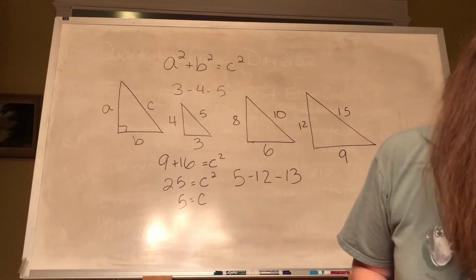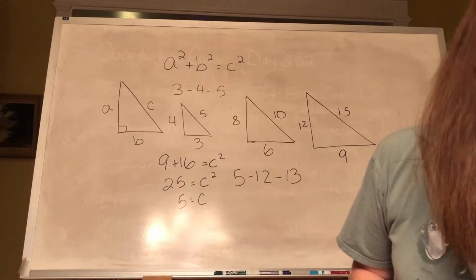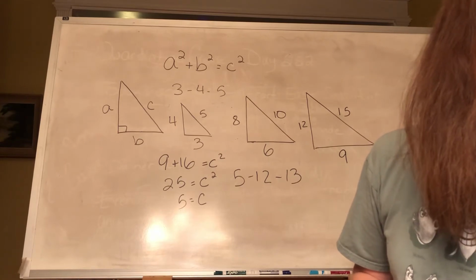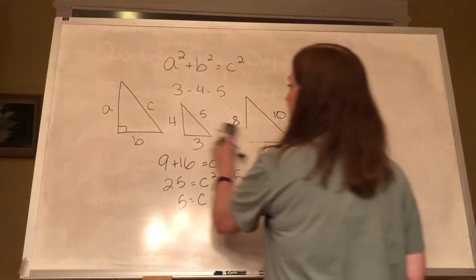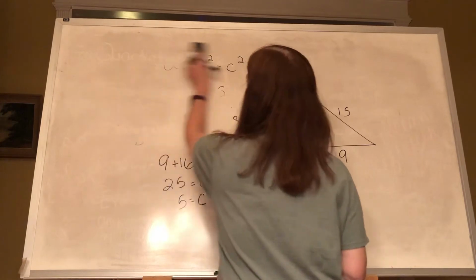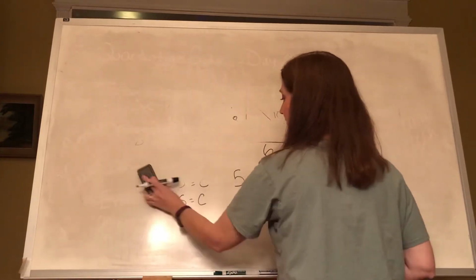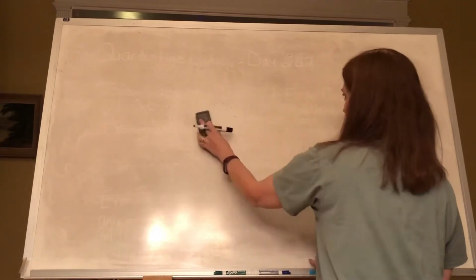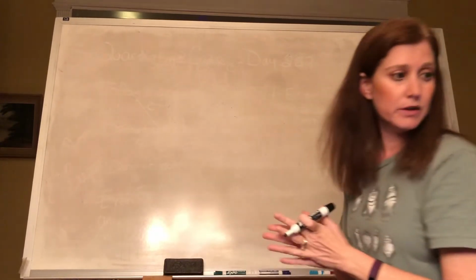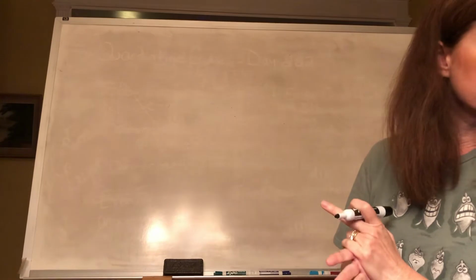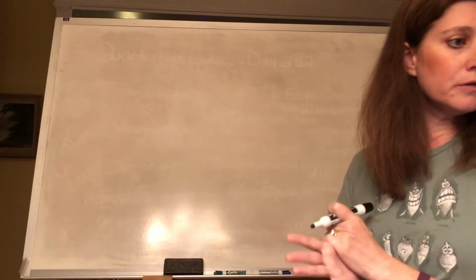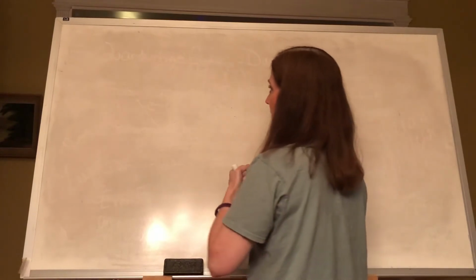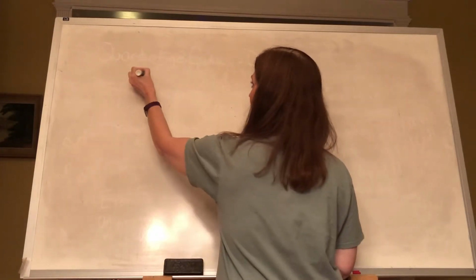Okay, so we're going to do some word problems using the Pythagorean theorem. Our problem is that we're going to fly a kite. We have our little kite up here.